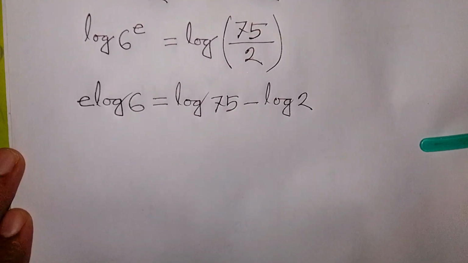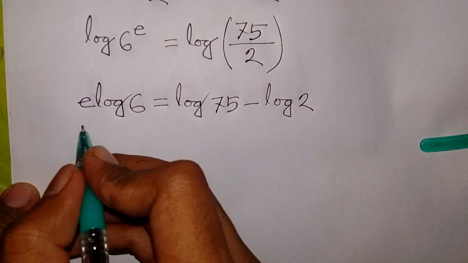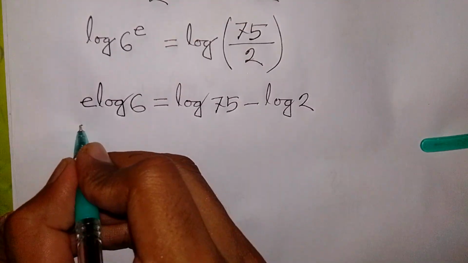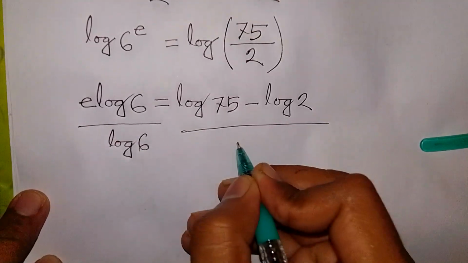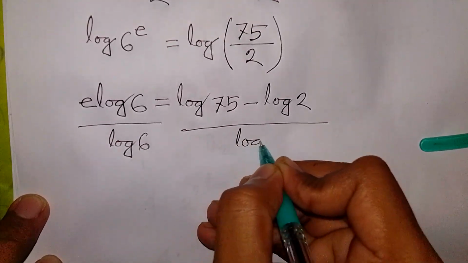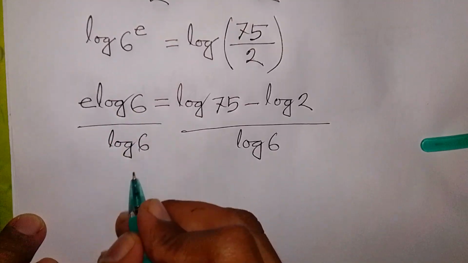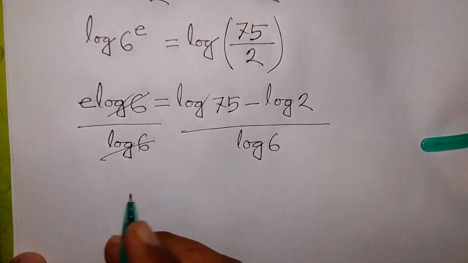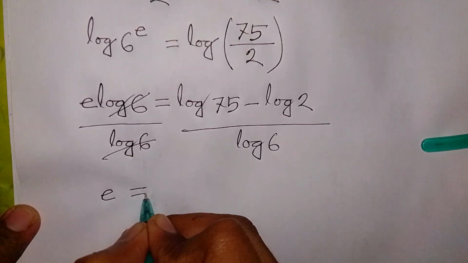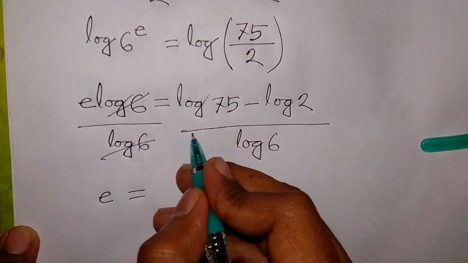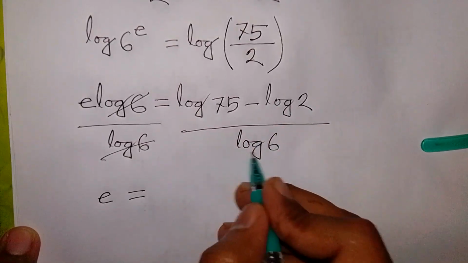Now we divide by log 6 on both sides because we need the value of a. So divided by log 6, divided by log 6. You see this log 6 will be cancelled. Here a will be equal to this part over log 6 minus this part over log 6.